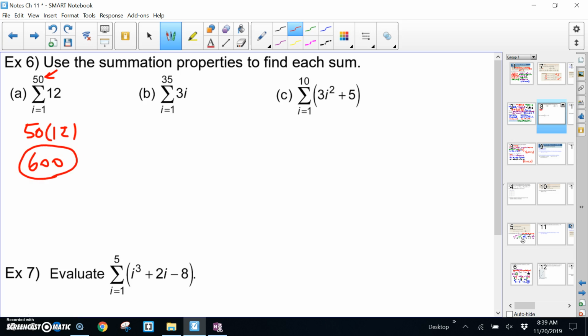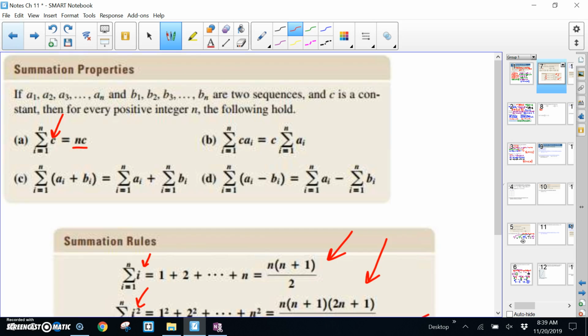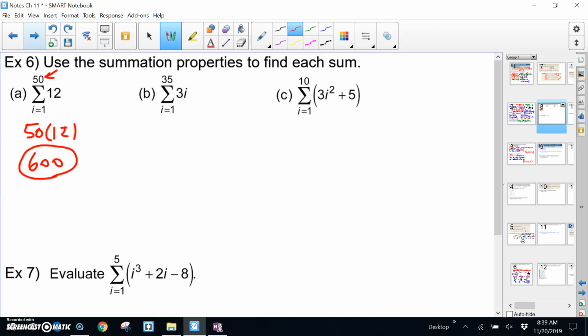All right, so then the next one, you've got the sum from i equals 1 to 35 of 3i. It looks like this one, where I can pull that constant number out in the front. So I would start by pulling that 3 out in the front and change this to 3 sigma i equals 1 of i.